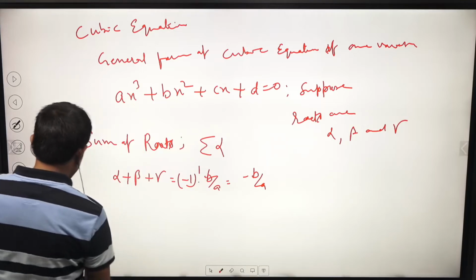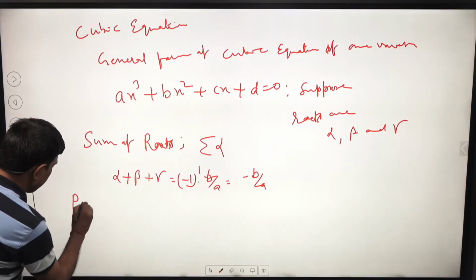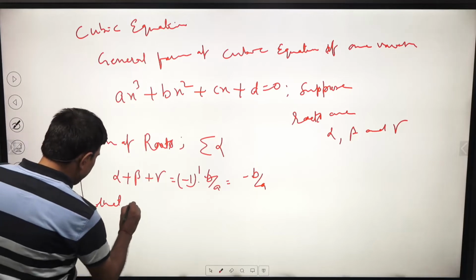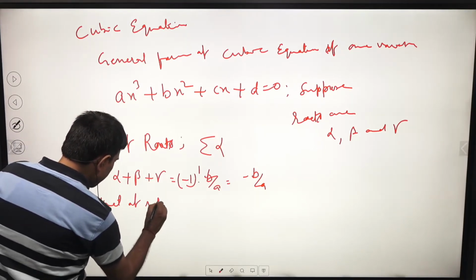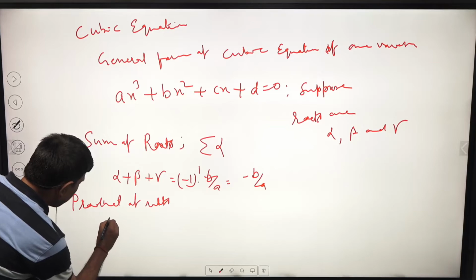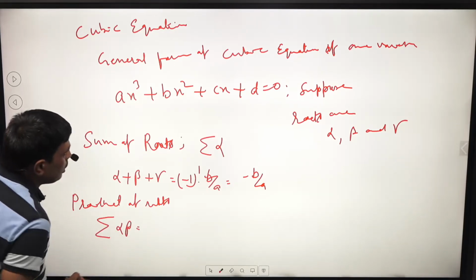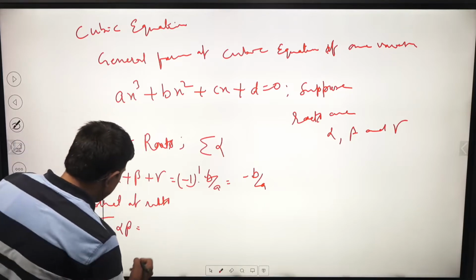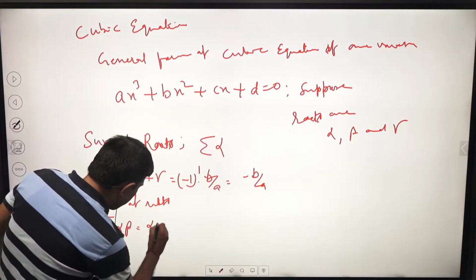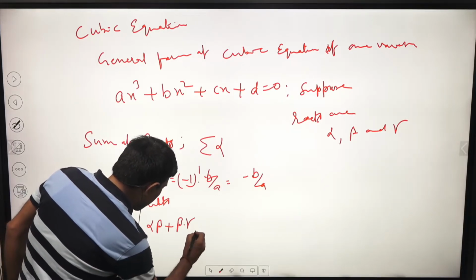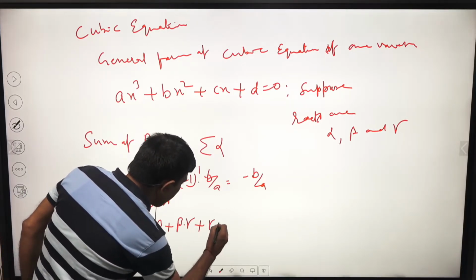Okay. Product of roots, product of roots taken two at a time, that means sigma alpha into beta. Here the roots are 3, so alpha beta means alpha into beta plus beta into gamma plus gamma into alpha.